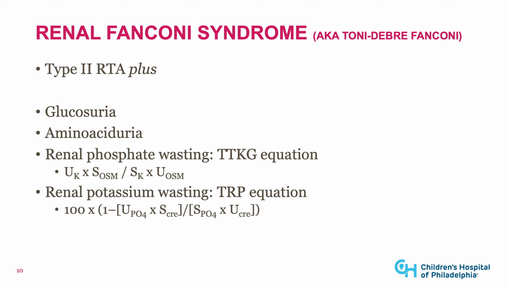However, low potassium and phosphorus do not necessarily need to be due to renal losses, and could come from gastrointestinal losses or intra-extracellular shifting. To discern if the kidney is spilling potassium and phosphorus, it is possible to calculate a transtubular potassium gradient, TTKG, and a tubular reabsorption of phosphorus.